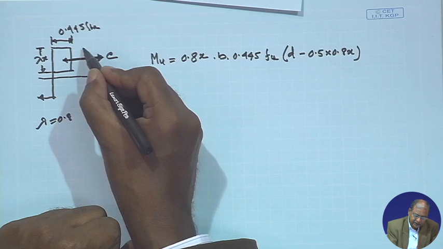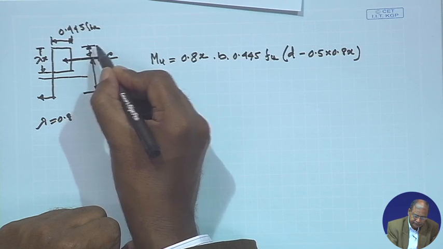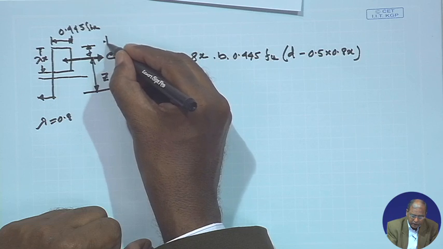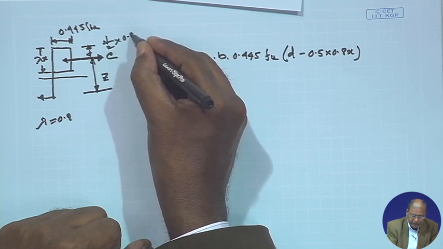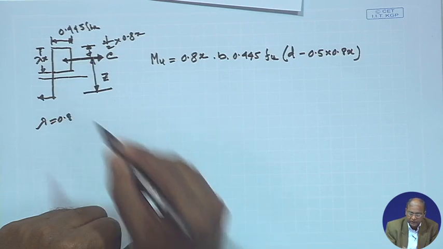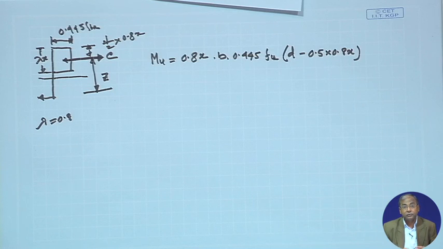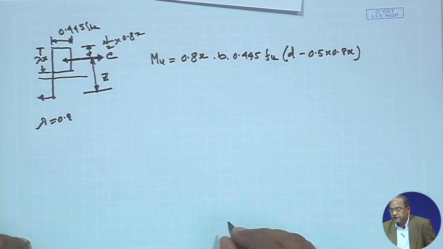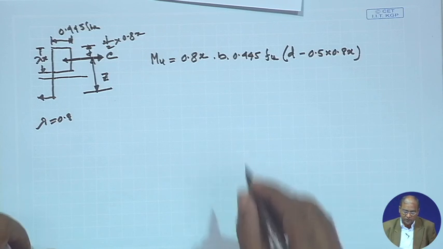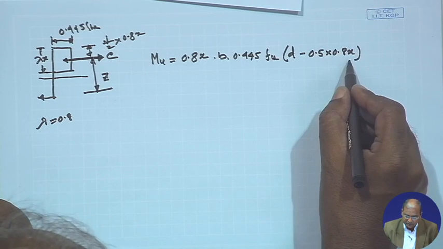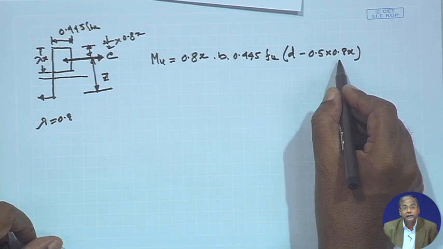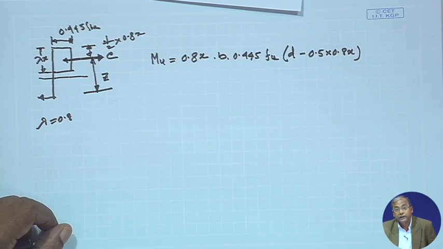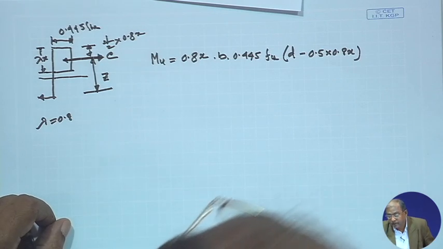So, this portion is half of 0.8 x, because this is the 0.8 x, half of 0.8 x, that we shall get here, that we can find out. So, from this equation, whatever we are getting here, from that equation we can find out that value.